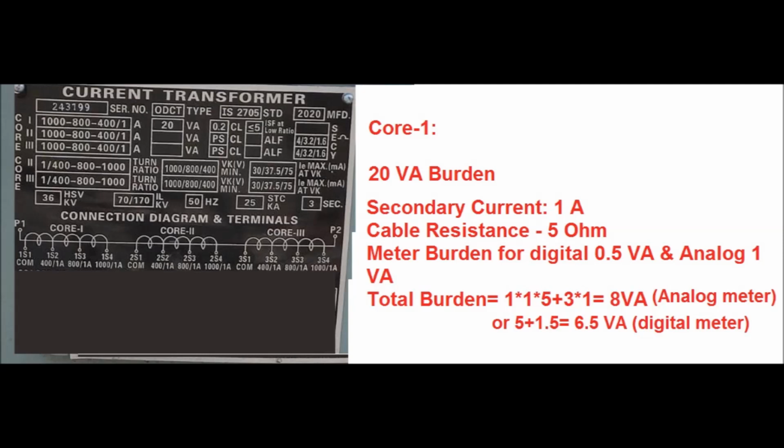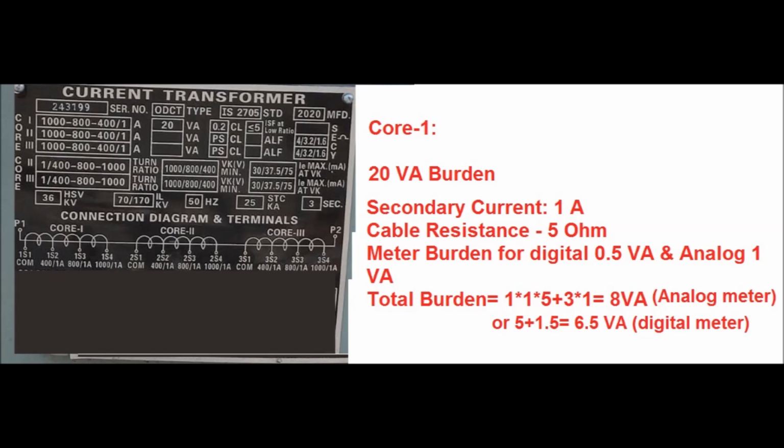What are the loads connected in the CT secondary? First is the cable resistance, which we consider as 5 ohm. Except the cable, there is the meters' burden. For digital meters, the burden is normally 0.5 VA, and for analog it is 1 VA.